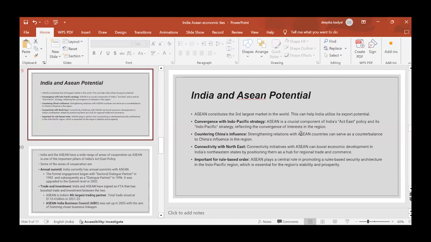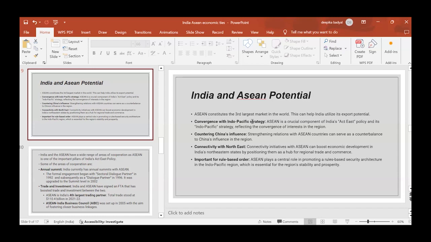Now, since we talked about India and ASEAN potential, India and ASEAN go way back in ancient and medieval times. Even the Cholas and the Pallavas, all these kingdoms had influences in these regions that can still be witnessed. In the modern era, after the Look East policy, obviously the Act East policy was introduced, and we have also celebrated the 30th anniversary between these two regions.